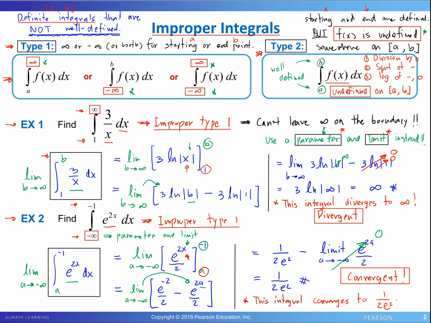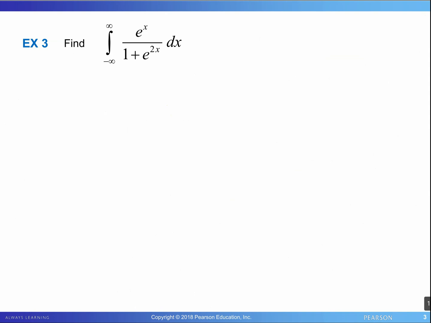Now let's move on to the next slide. In this example, we need to integrate this function e to the power of x divided by 1 plus e to the power of 2x with respect to x, starting from -infinity to infinity.